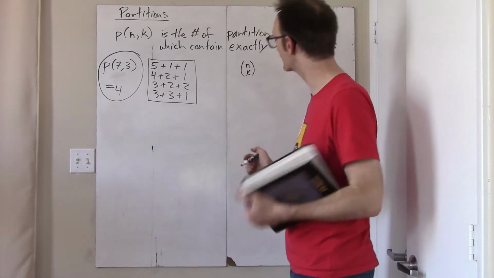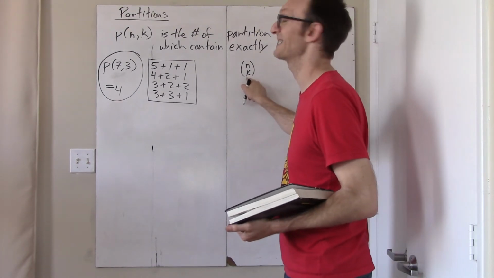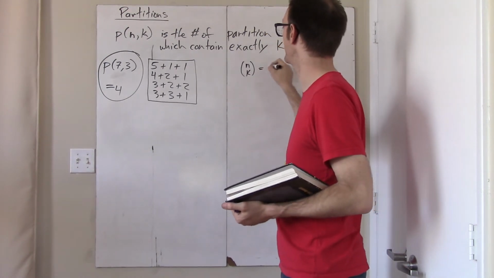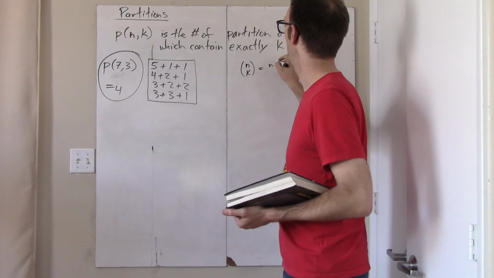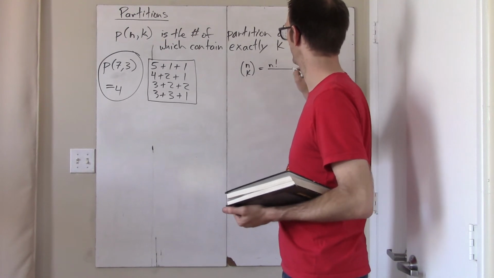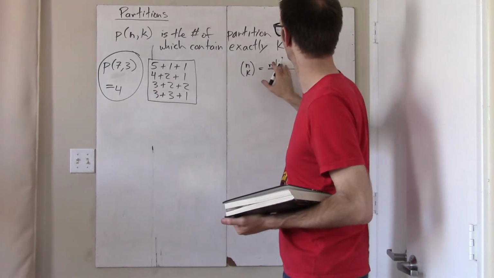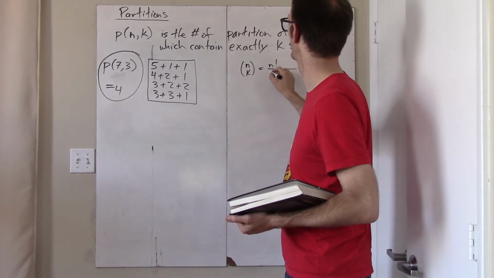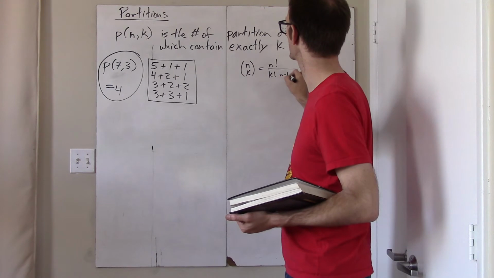Whereas in high school, people typically give an algebraic definition: n factorial over k factorial times n minus k factorial.